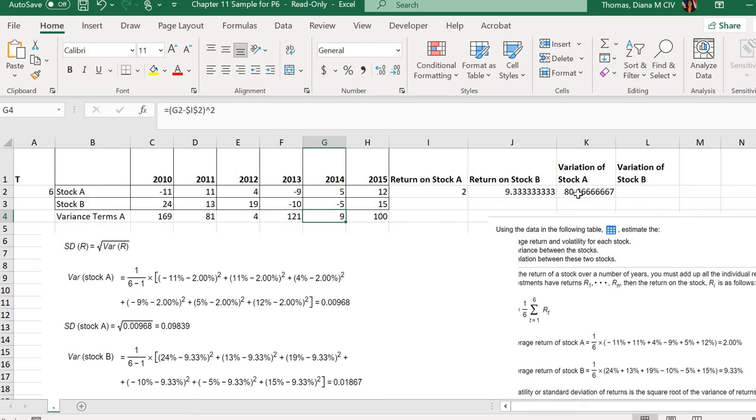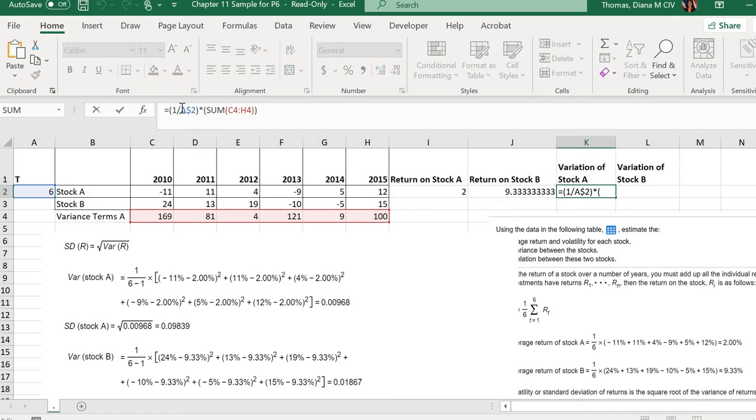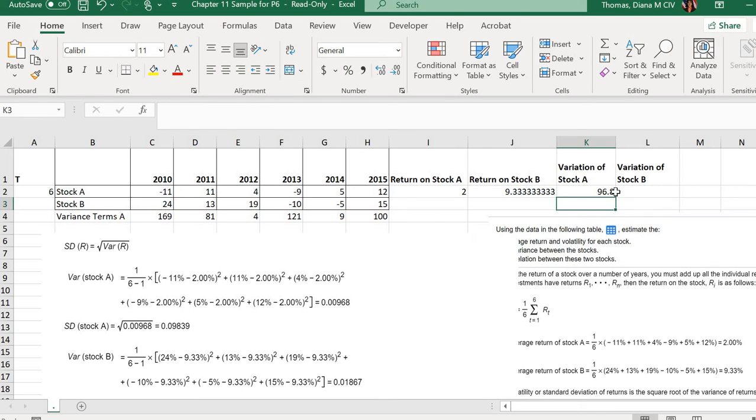So this happens sometimes. Let me see. Oh, A2 minus 1. It's great Excel, but the person who's typing it in can be stupid. 96%. So I have the same thing as them.